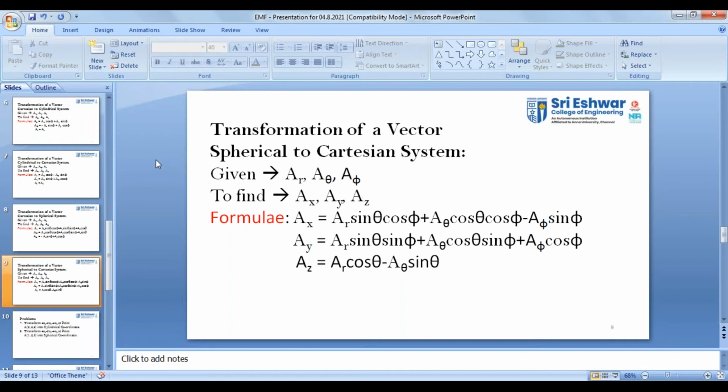So Ax is equal to Ar sin theta cos phi plus A theta cos theta cos phi minus A phi sin phi. Ay is equal to Ar sin theta sin phi plus A theta cos theta sin phi plus A phi cos phi, and Az is equal to Ar cos theta minus A theta sin theta.